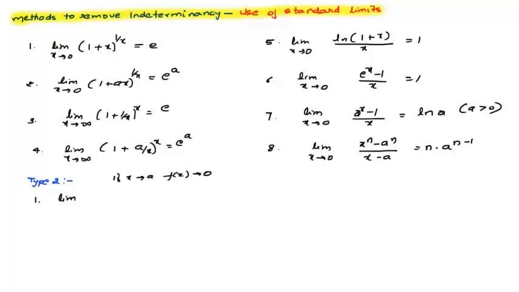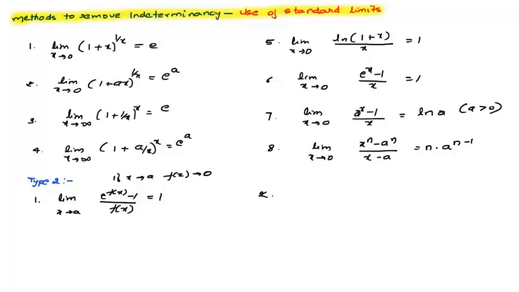If x is tending to a, f of x is tending to 0, then limit x tending to a, e raised to power f of x minus 1 by f of x. Now if you look at the sixth form here, e raised to power x minus 1 upon x, in place of x it is f of x, and for x tending to a, f of x is tending to 0. So this will also be 1.